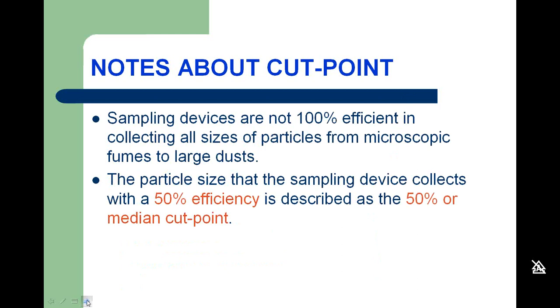Sampling devices are not 100% efficient in collecting all sizes of particles, from microscopic fumes to large dust. The particle size that the sampling device collects with 50% efficiency is described as the 50% or the median cut point.